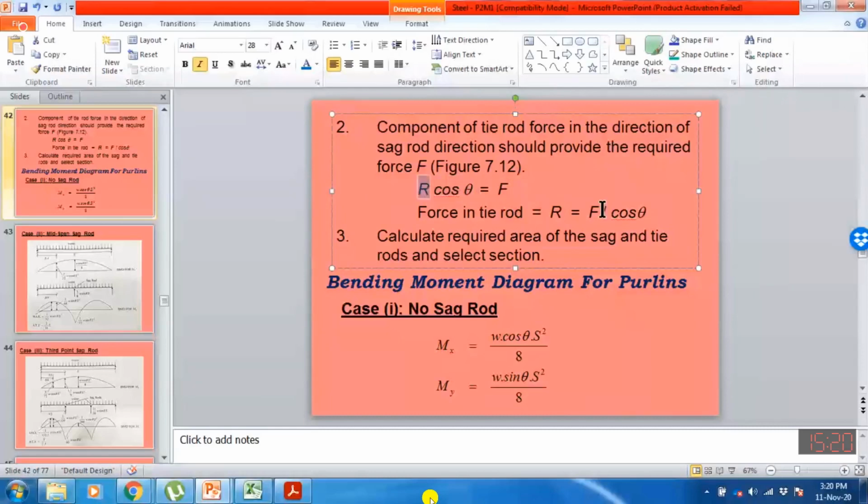So R is the reaction in this sag rod and F is the force which is developed in the lateral direction, which is the y direction of our section. So if we know this force, we can also design the sag rod. That we will see in our example.